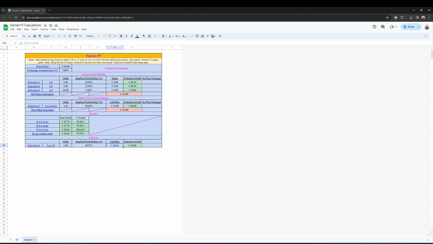Now, what this table really does, in addition, is that I have this column here called in-play changes, right? Because you can do nothing in play and just, okay, let's say it is a second half and the home team scores. So it's 1-0.